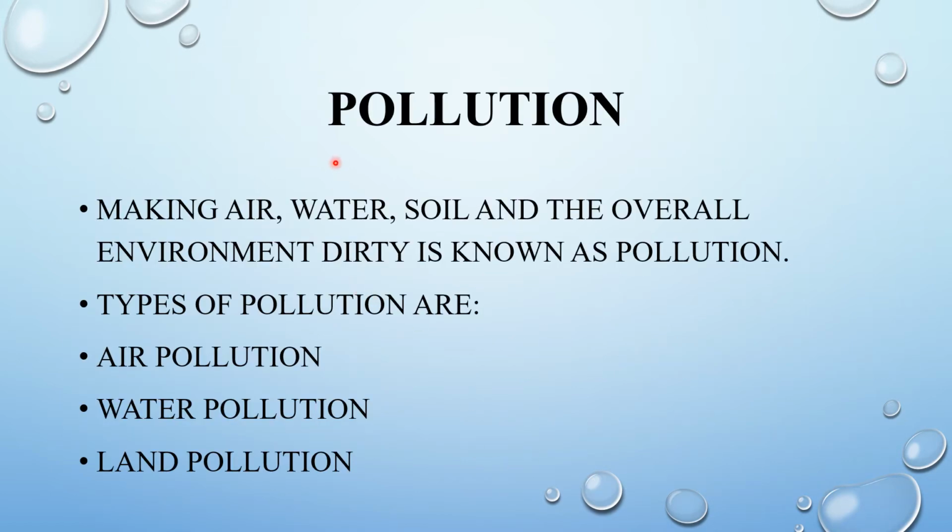Children, now let's study about pollution. Making air, water, soil and the overall environment dirty is known as pollution. Children, pollution means to make something dirty, and we pollute the air, water, land and soil around us.